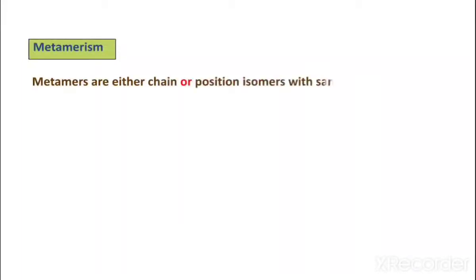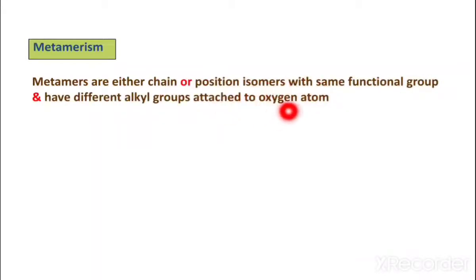So we will discuss what is meant by metamerism or metamers. Friends, metamers are either chain or position isomers with the same functional group and have different alkyl groups attached to oxygen. I will repeat it. Metamerism or metamers are either chain or position isomers with the same functional group and have different alkyl groups attached to the oxygen atom.